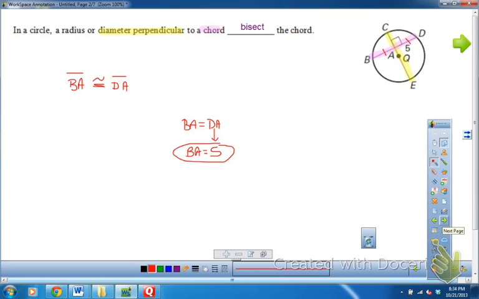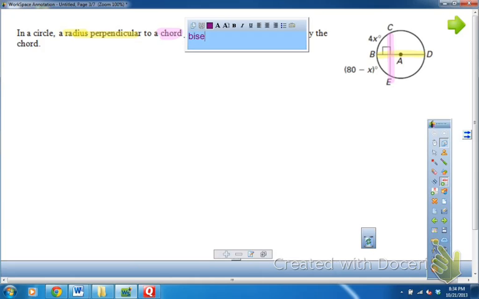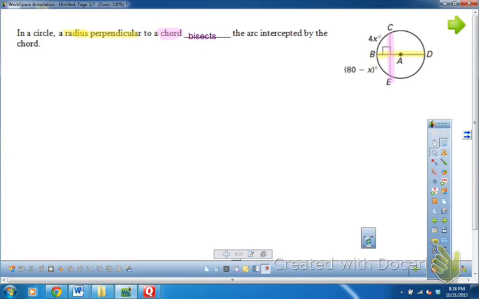Alright, then on that same notion, if you have a diameter or radius that is perpendicular to a chord, so here we have diameter BD or radius BA perpendicular to chord CE, then it's going to bisect the arc intercepted by the chord.